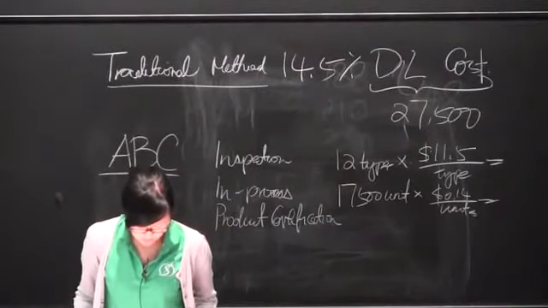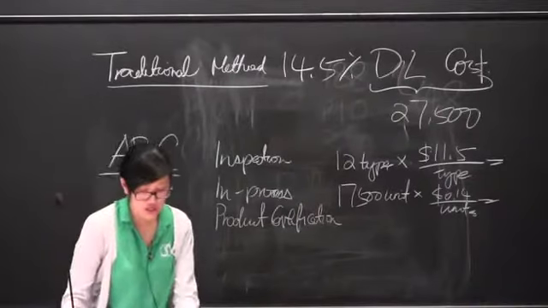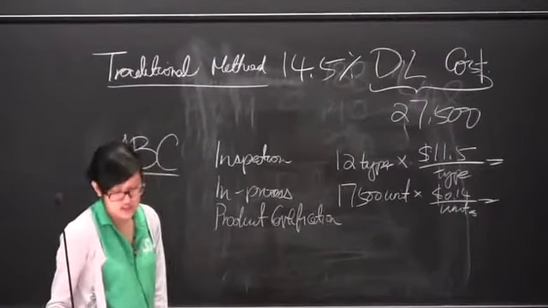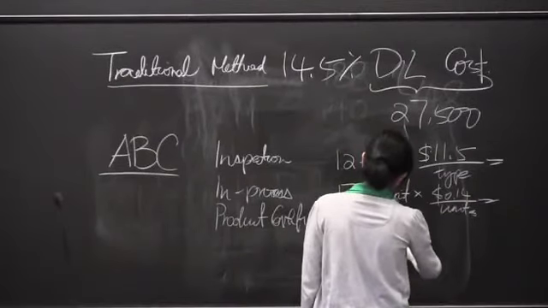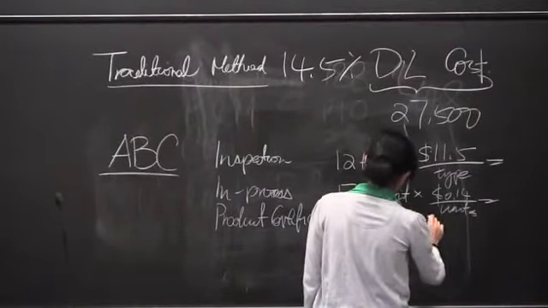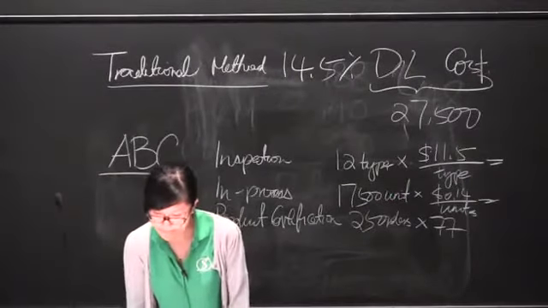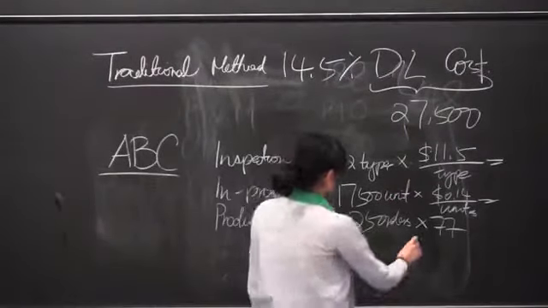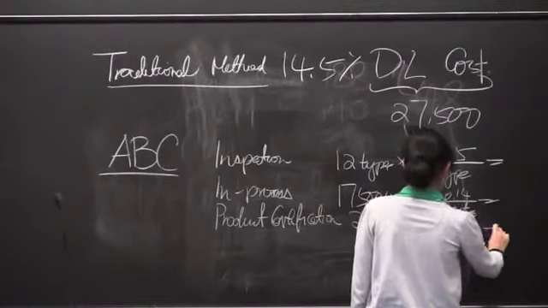Last one, they told you the cost allocation rate is $77 per order. The quantity of order is 25. All you do is 25 orders times the $77. Okay, let's see what we get.